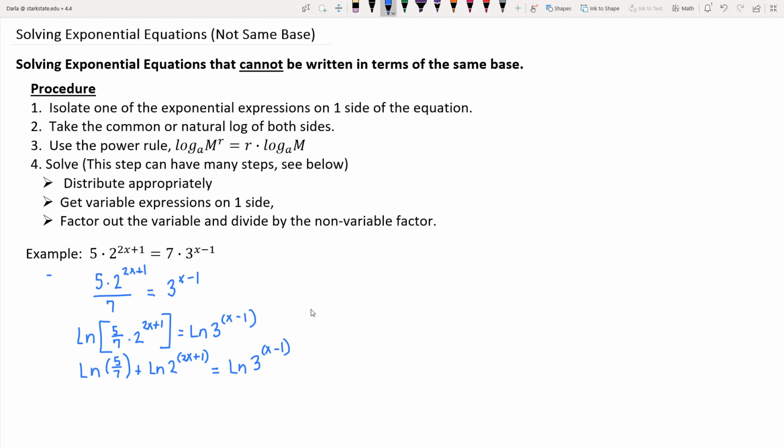And then on the left-hand side, natural log of 5/7 is fine as is, but the natural log of 2 raised to the 2x plus 1, we can use that power rule and bring that down. And so this is the natural log of 5/7 plus 2x plus 1 times the natural log of 2 equals, pull down the x minus 1 as a multiplier using the power rule, times your natural log of 3.